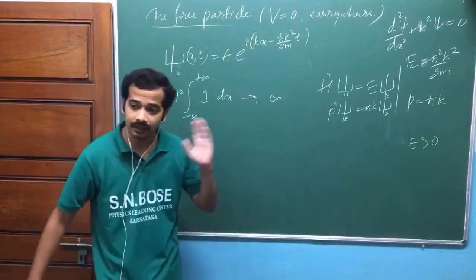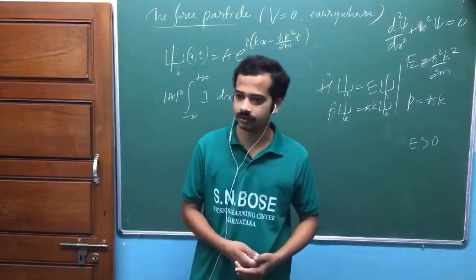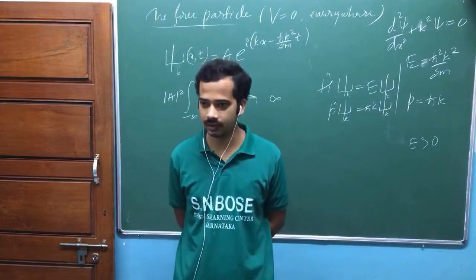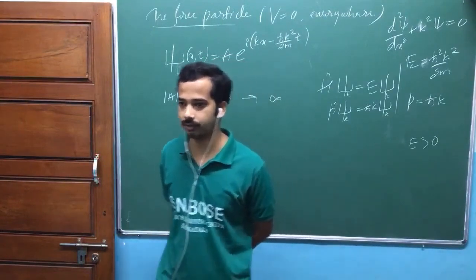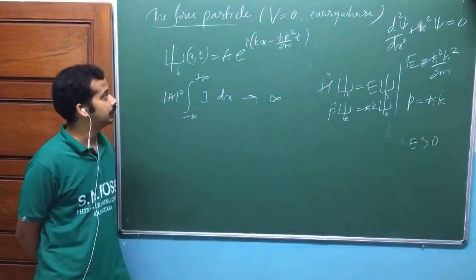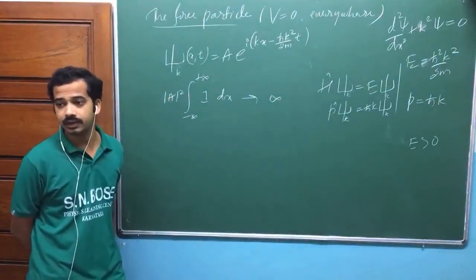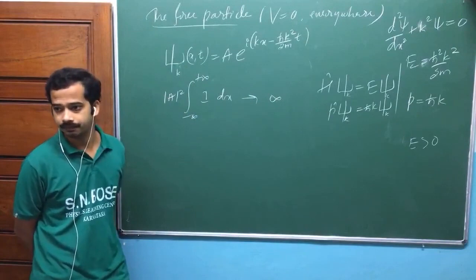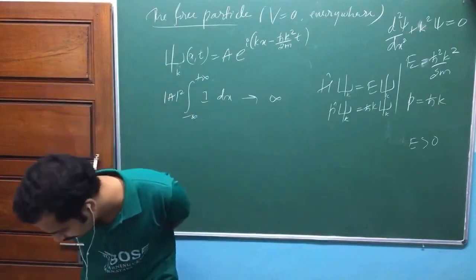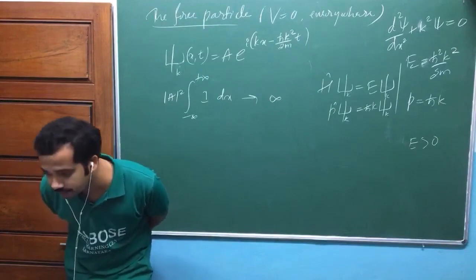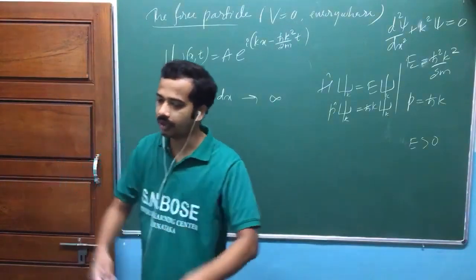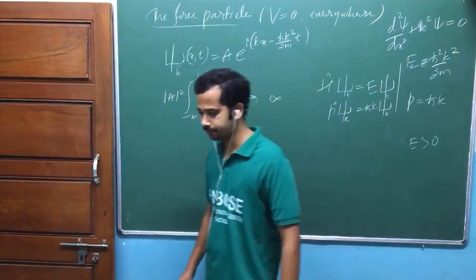We had definite energy states for a particle in a box, or stationary states. In the case of the harmonic oscillator, it was possible, but for a free particle, there is no definite energy or momentum state. Can you write down that sentence? There is no such thing as a free particle with a definite energy, or in bracket write momentum.